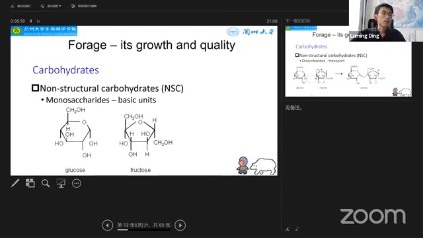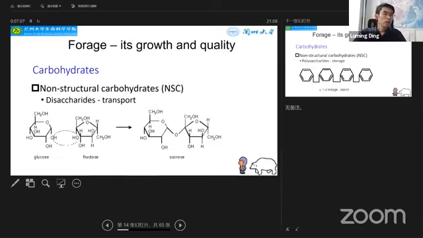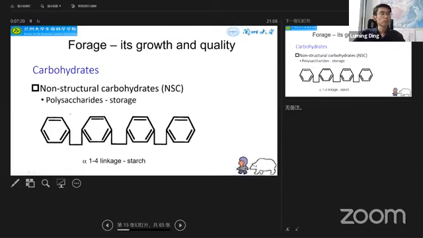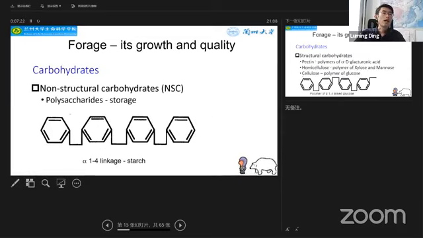The monosaccharides, glucose and fructose, are the monosaccharides. Sucrose is a disaccharide, which can be made by the combination of glucose and fructose. Polysaccharides, like starch, are a kind of storage carbohydrate.